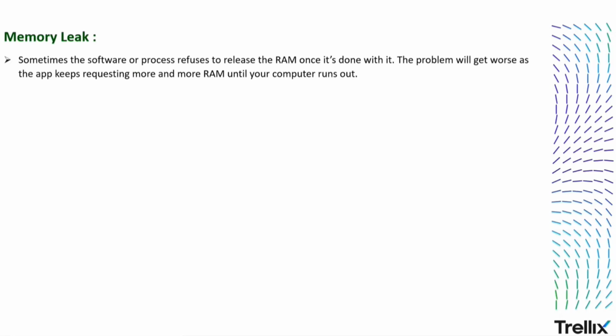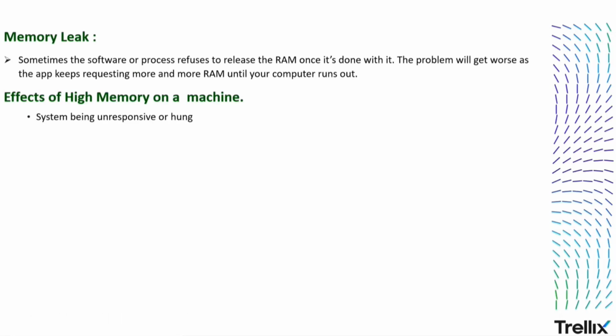How does memory utilization affect a machine? The performance of the machine is impacted, resulting in slowness, lag, process hang, inability to perform activities, and ultimately a crash of the system. A system reboot will sometimes help in resetting the memory count of that process or clearing the entire memory usage.